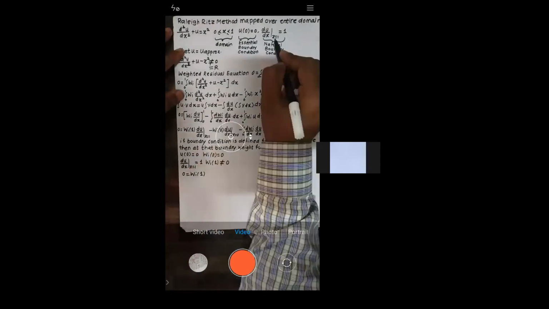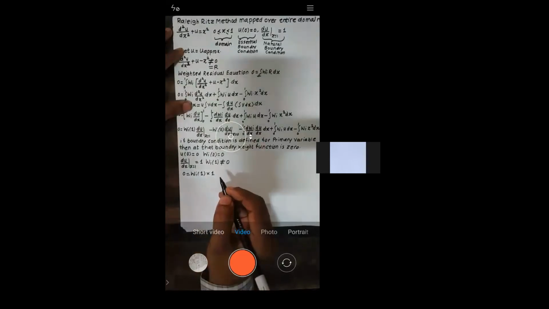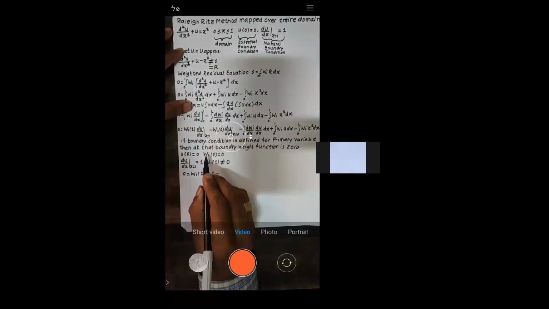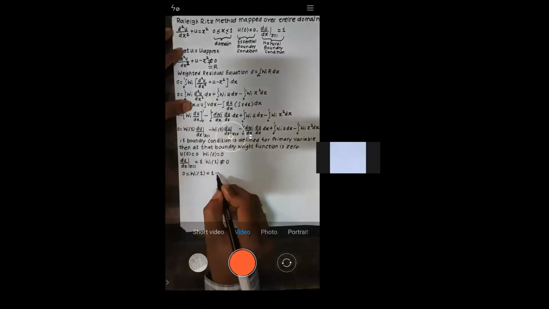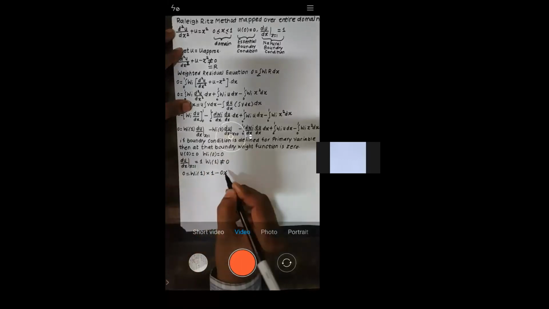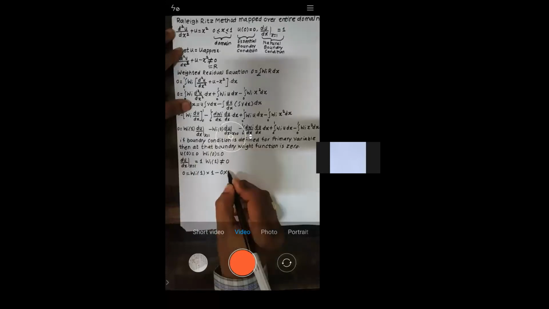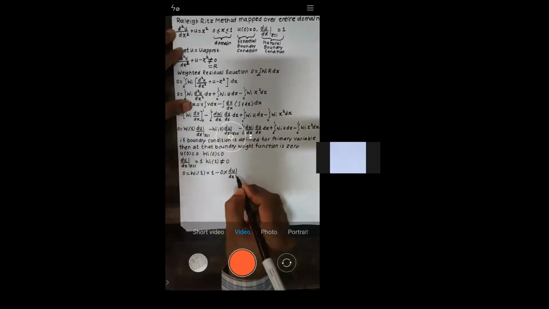What is that? 1. Is it okay? Minus, what is the weight function at x equal to 0? 0. Into this value, that is du by dx at x equal to 0, right?